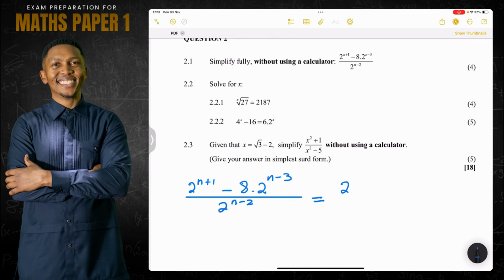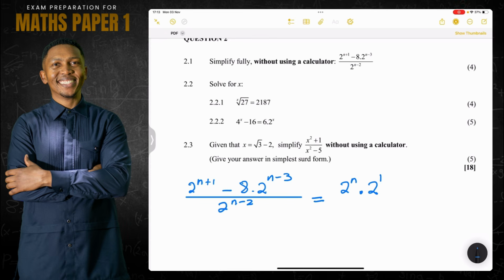So we can write this as 2 exponent n multiplied by 2 exponent 1. Now remember, the laws of exponents says if the bases are the same and we're multiplying, then we add the exponents. So once we add the exponents, we can separate the bases again, and we'll be multiplying those powers.